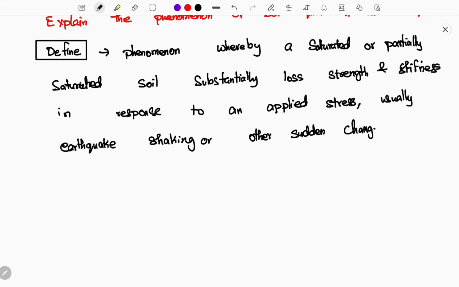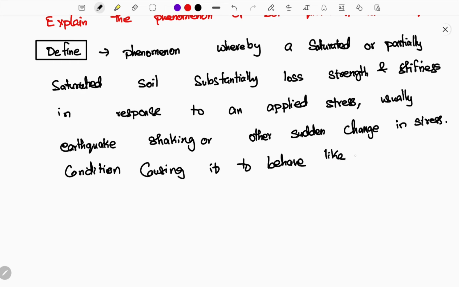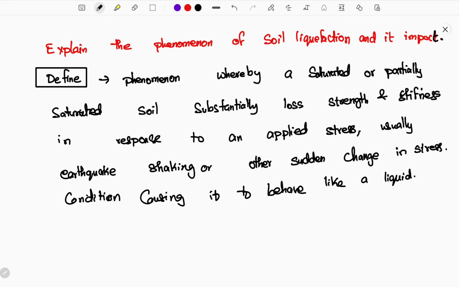This sudden change in stress, and this condition, causes it to behave like a liquid. This is what actually happens in so-called soil liquefaction.